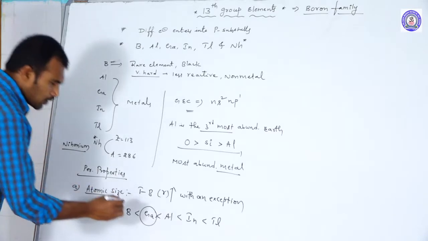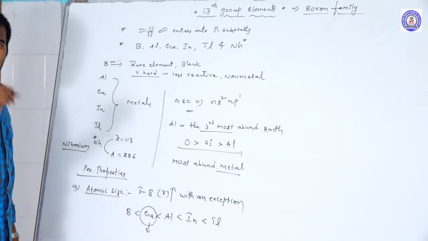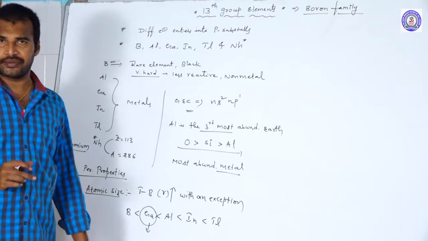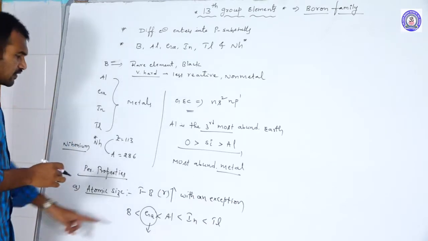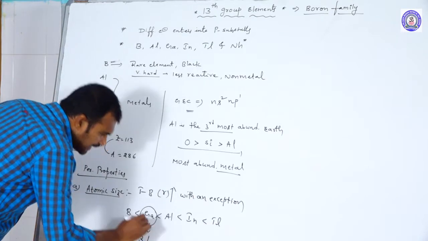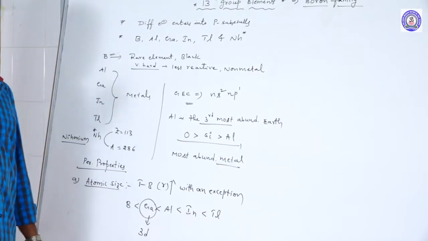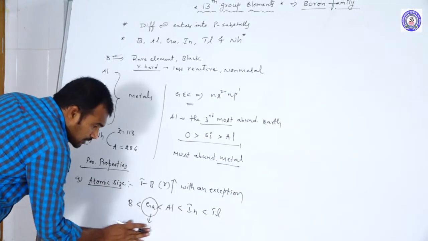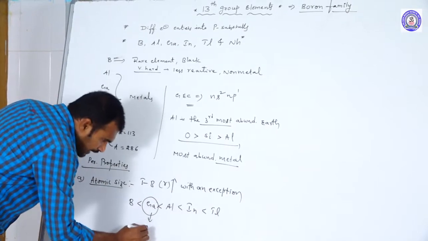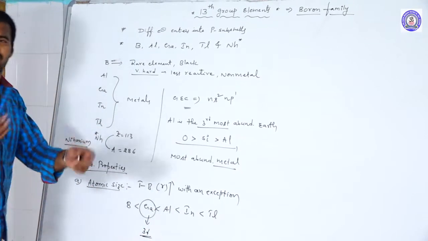What is the reason? Gallium belongs to the third period, okay, third period element means there is an availability of 3d. Sorry, gallium belongs to the fourth period, so 3d subshell, 3d orbitals are available.